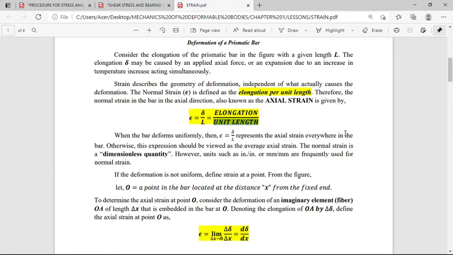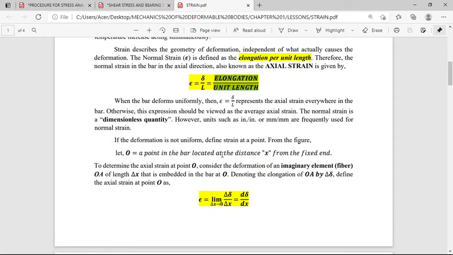Halimbawa, sa first millimeter niya, humaba siya ng 0.5 millimeter. Yun yung hinaba niya dun sa first millimeter niya pag sinukat mo siya from 0, from one end. Yun lang yung ibig sabihin ng strain, yung hinaba niya per unit length.